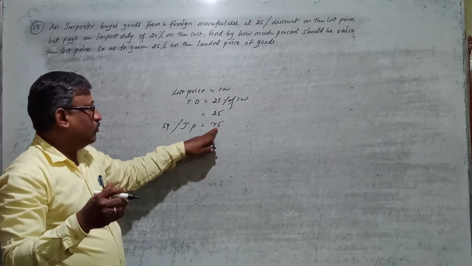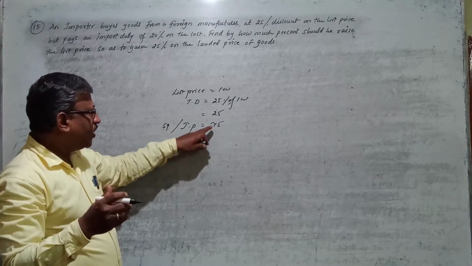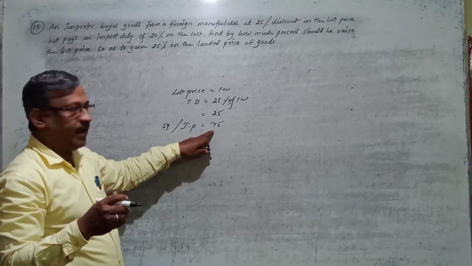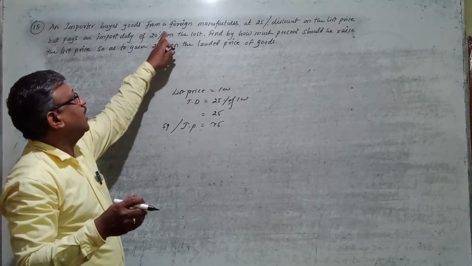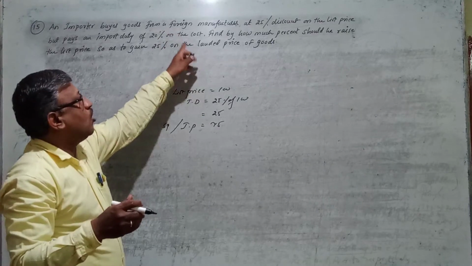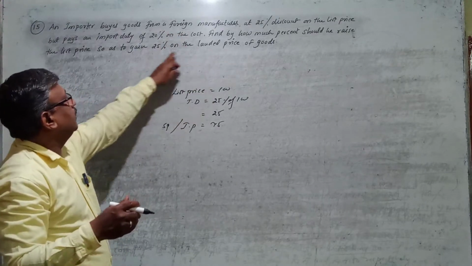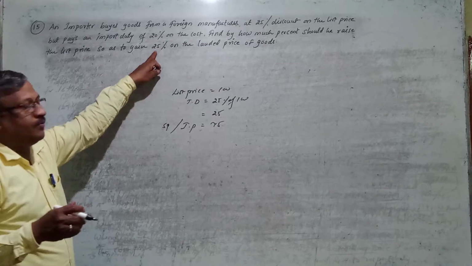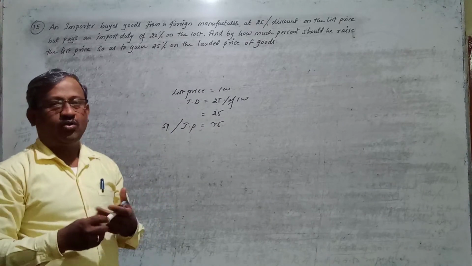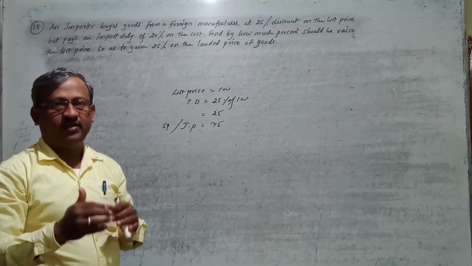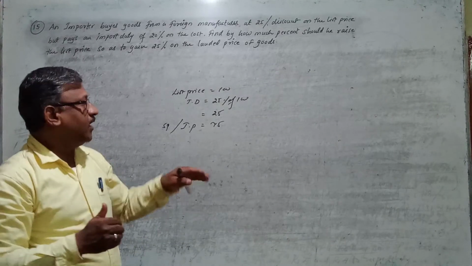So we get the landed cost, the imported cost. Whatever cost comes after adding the import duty in the actual cost, that is called the landed cost, right? On that landed cost, how much profit do you want? You want 25% profit. So on that landed cost, you will calculate 25% profit, add it in that cost, and then sell.